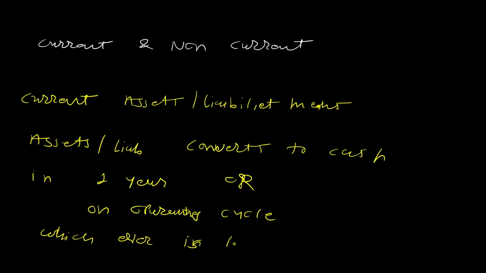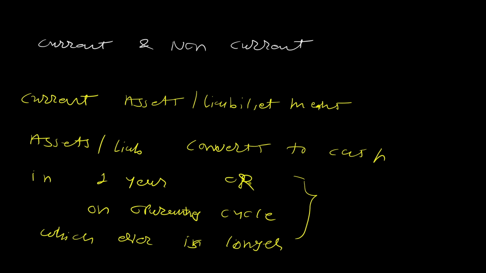Whichever is longer is treated as a current asset. For example, your inventory is converted in less than 1 year, so it's a current asset. Or if you are in another business, like shipbuilding, where your operating cycle is greater than 1 year, for example 2.5 years or 1.5 years, then if you are building a ship in 2.5 years, that will be your operating cycle.